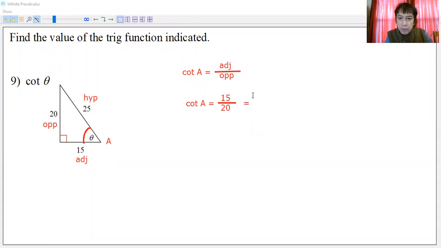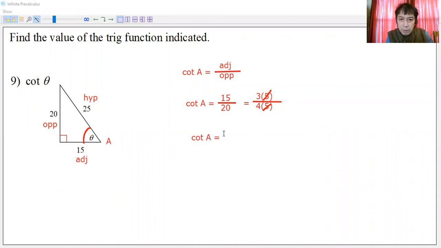15 can be factored to 3 times 5. And the 20 will be 4 times 5. Remember this is a fraction, so we can cancel out the 5s. We have 3/4. So cotangent of A is equivalent to 3/4.